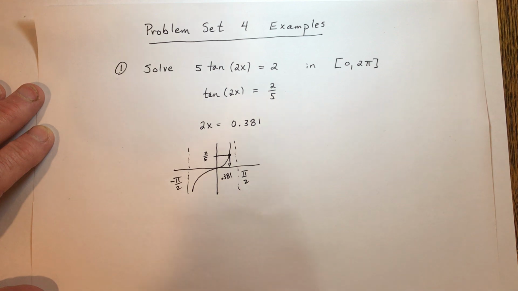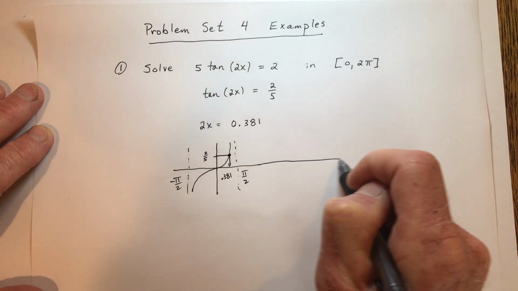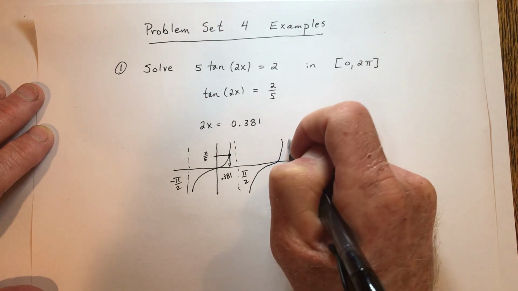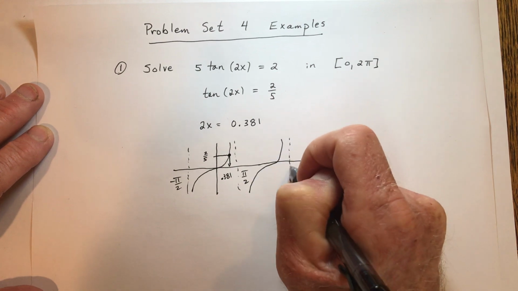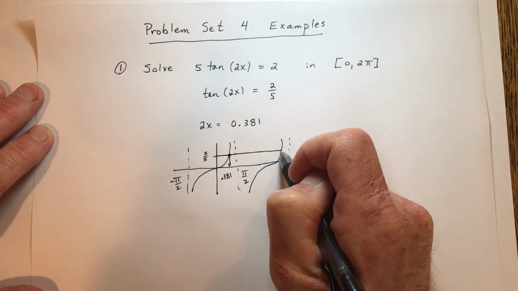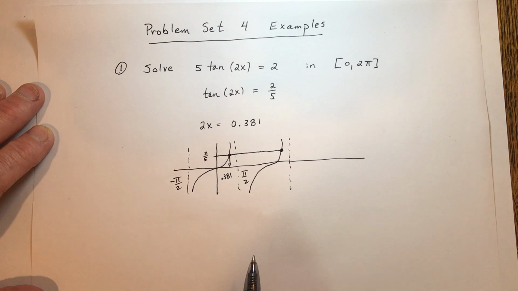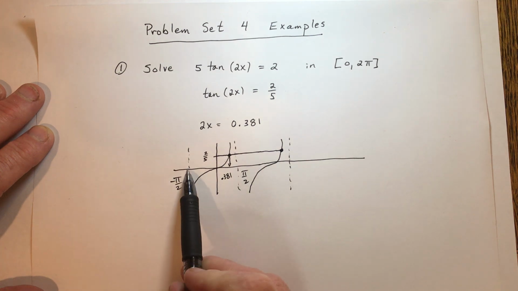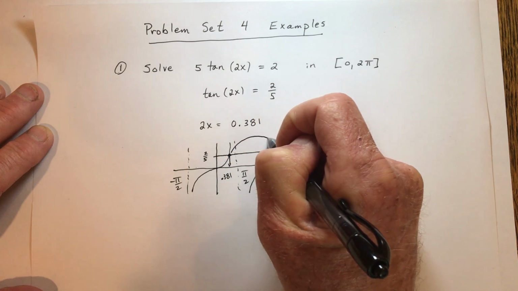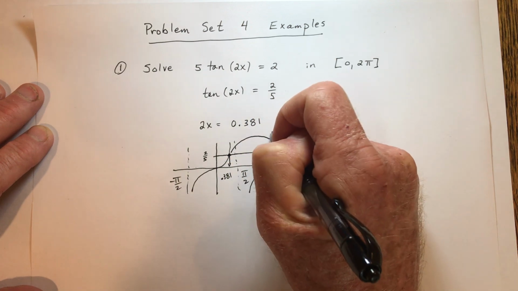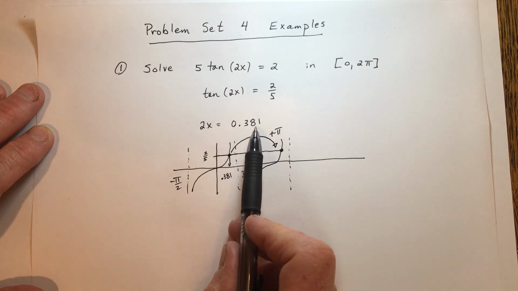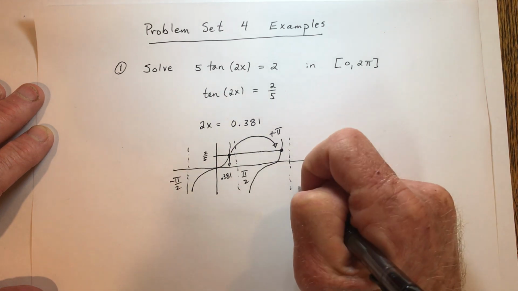Now, what about 3 more solutions? Well, if you draw another branch of the tangent function and continue this line straight across, this would be the second solution. Now, the period of tangent is pi. So to go from this node to this one, you just add pi. So to this 0.381, I'll add pi.